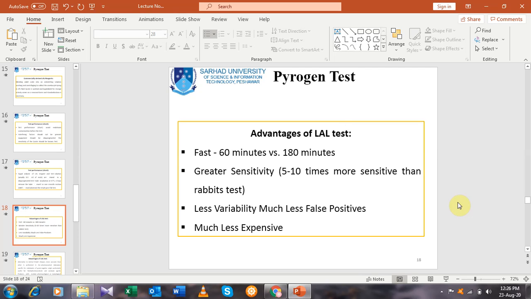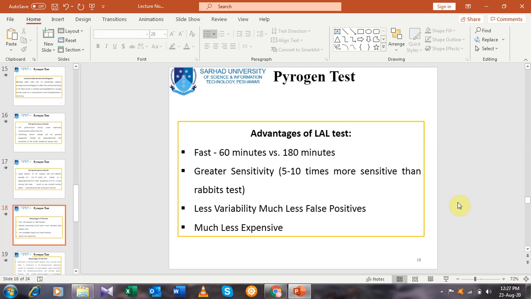There is less variability and much less false positive. Variation in this test is less, less false positive results occur, and the chances of error will be low or minimal as compared to the first one.